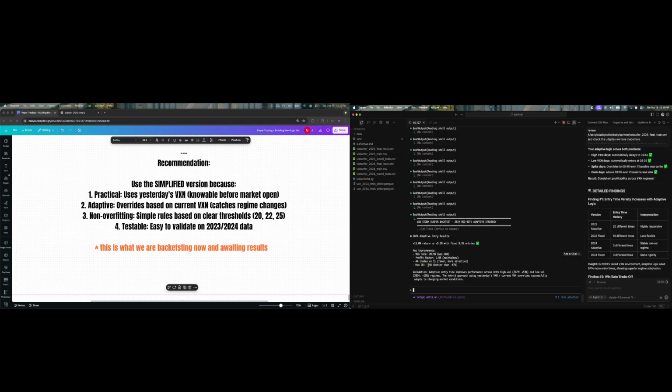Profit factor maintained. 44 trades, fewer but more selective. Max drawdown, that's still high. The adaptive entry improved performance across both the high volatility and low volatility regimes. The hybrid approach, using yesterday's VXN plus the current VXN override, successfully adapts to the changing market conditions.